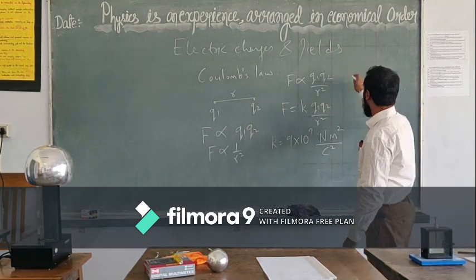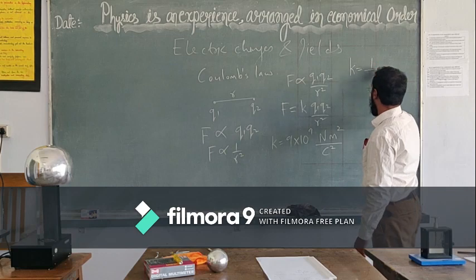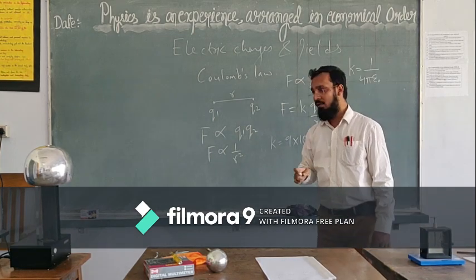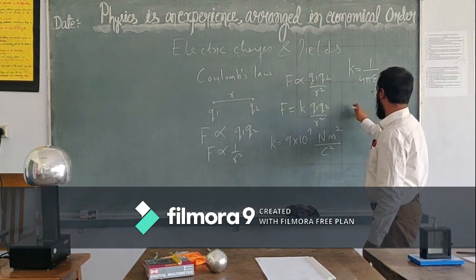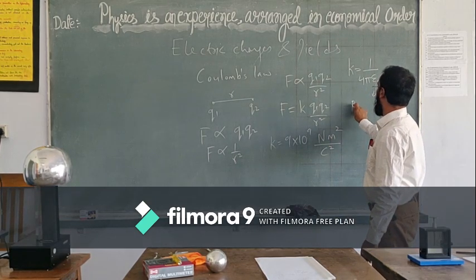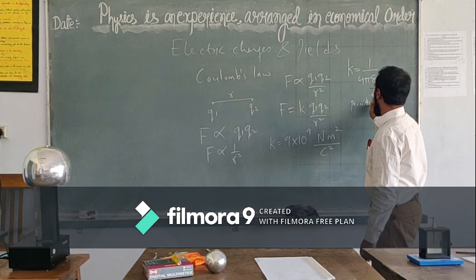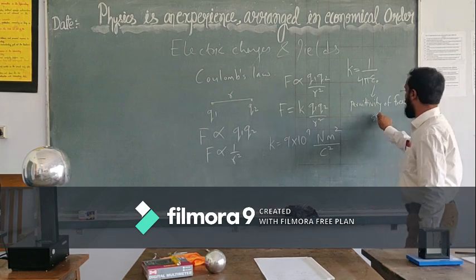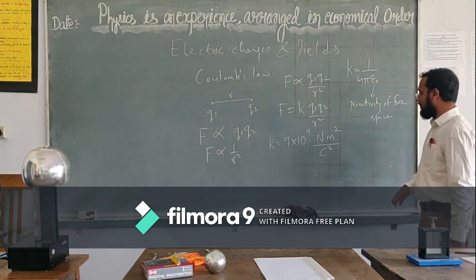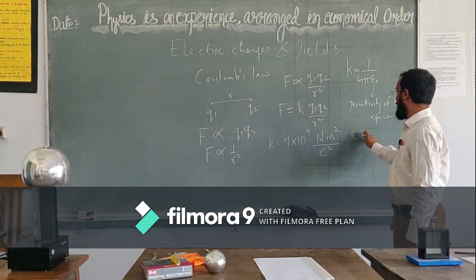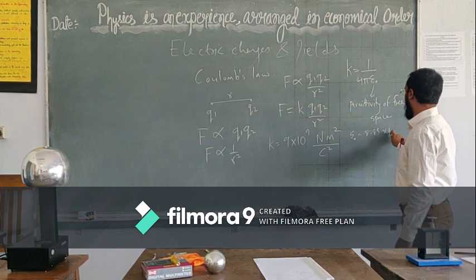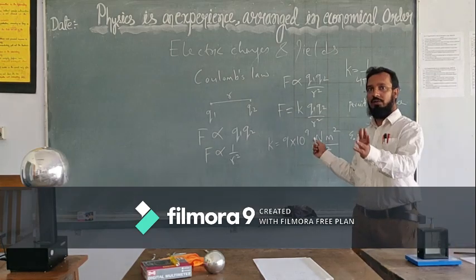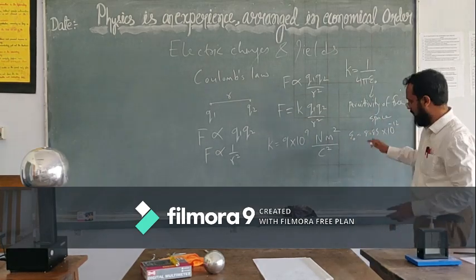Historically, K is also written as 1 upon 4 pi epsilon 0, where epsilon 0 or epsilon naught is called the permittivity of free space, and its value is 8.85 into 10 raised to minus 12. I hope we'll be able to figure out what its unit is. It's very easy.